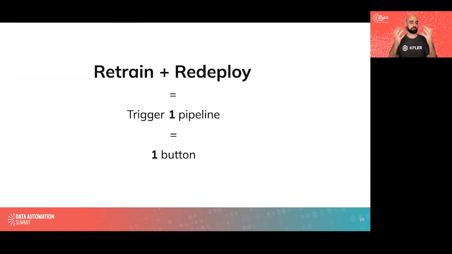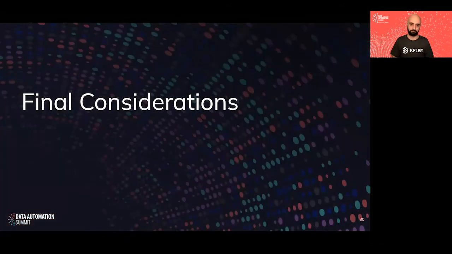Overall, what I want to state is that the retrain and the redeploy should actually take one button. With one button, one pipeline should be triggered and create the new version of the model. And if something goes wrong, then development should be done until all the checks are passed.